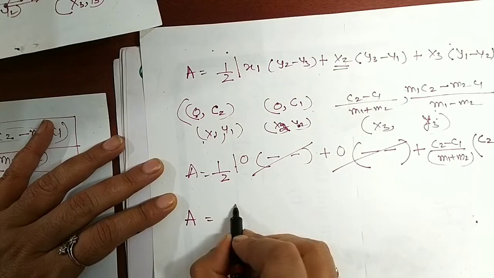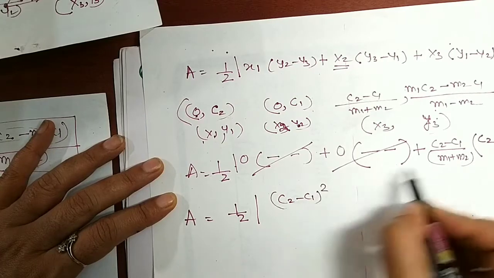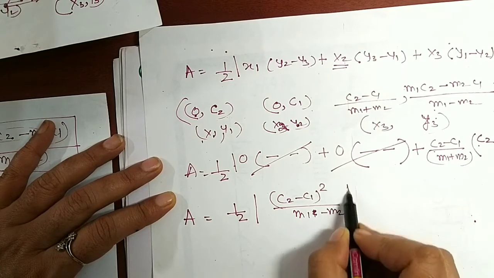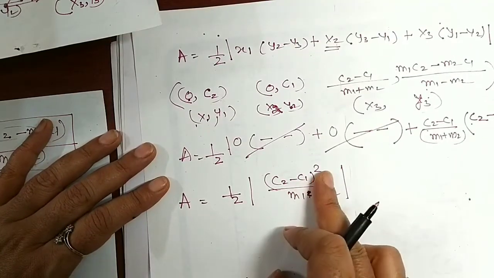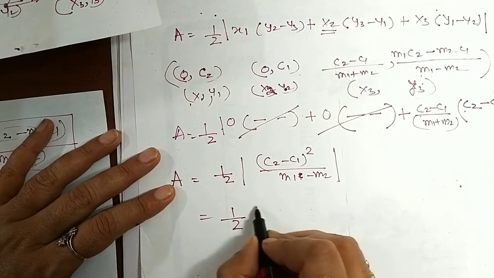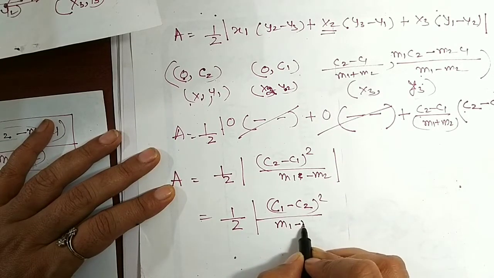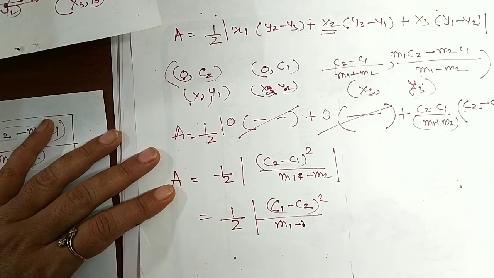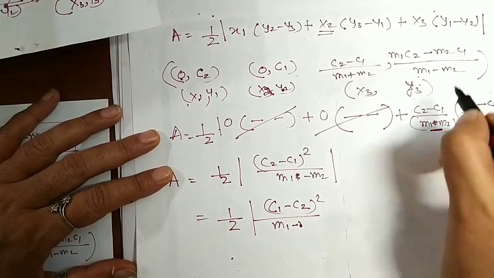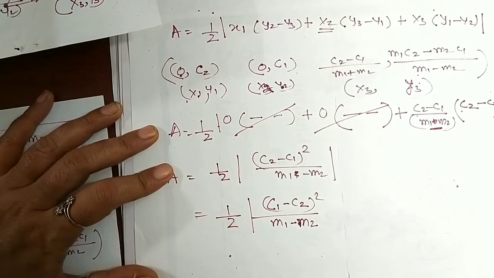So my area will be 1 by 2 mod of c2 minus c1 square, this into this, by m1 minus m2. And this is c2 minus c1 whole square, or you write c1 minus c2 square, it is the same thing, right? So I can write c1 minus c2 whole square by m1 minus m2.